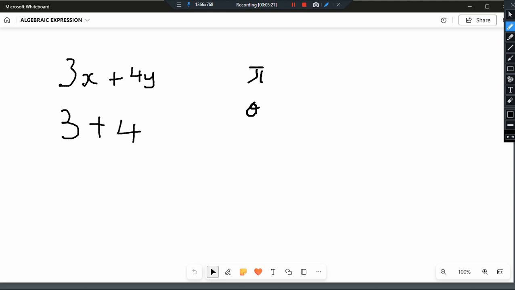We can have a symbol of alpha, a symbol of beta, and so on. So anytime you find such symbols or letters, that is simply alphabet, in any mathematical expression, then those expressions are referred to as algebraic expression. That is the little introduction to algebraic expression.